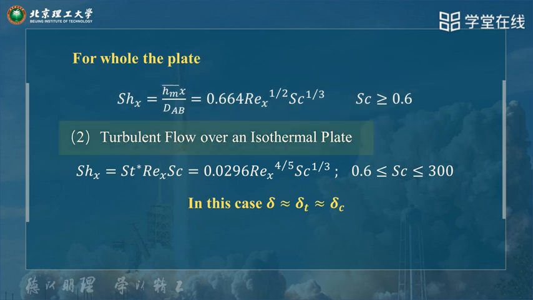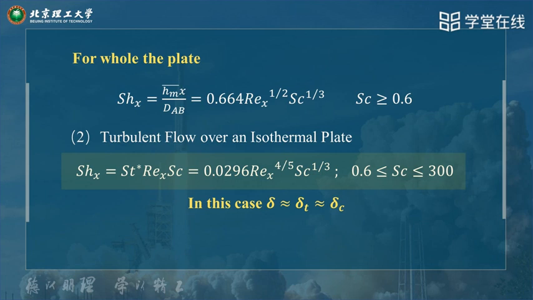The second problem is turbulent flow over an isothermal plate. In this case, we use these empirical equations to calculate. The Sherwood number equals 0.0296 Reynolds number to the power 4/5 times Schmidt number to the power 1/3.